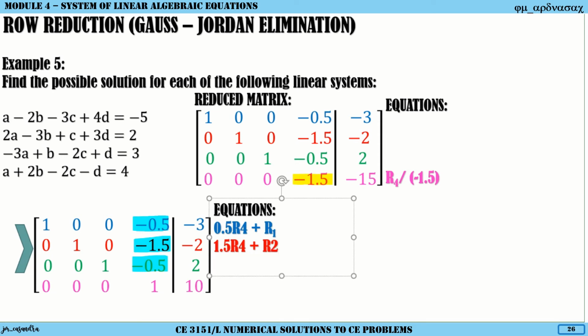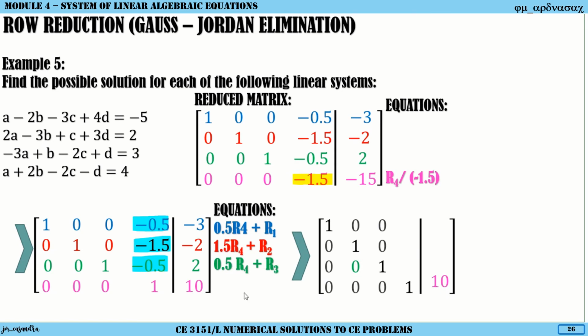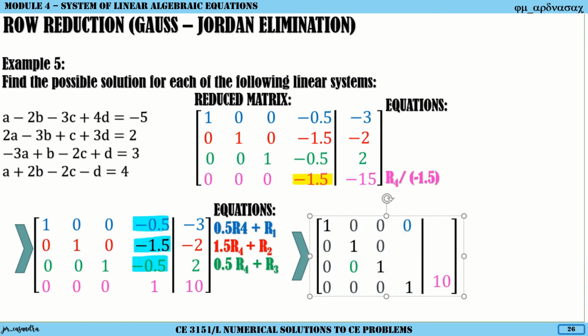Then we have 0.5 R4 plus R3. Applying these three equations to each row, we will now arrive at 0, 0, 0. And then for our constants, that will now be equivalent to 2, 13, and 7.